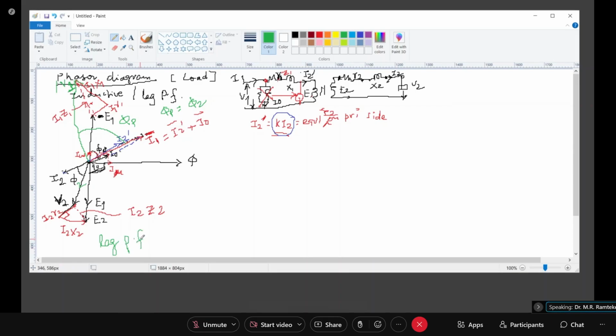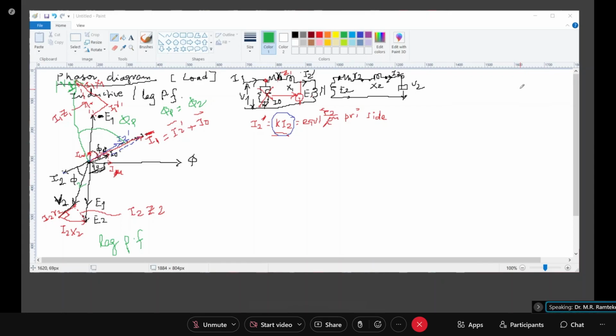Okay, under lagging PF condition, the load current I2 is lagging behind the voltage. Now we will talk about the leading power factor.